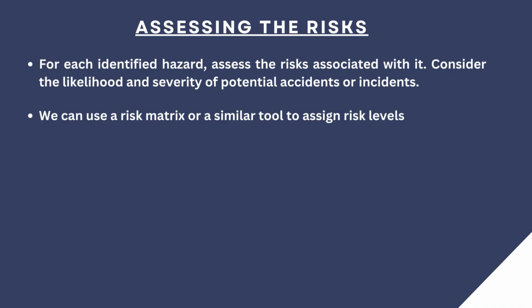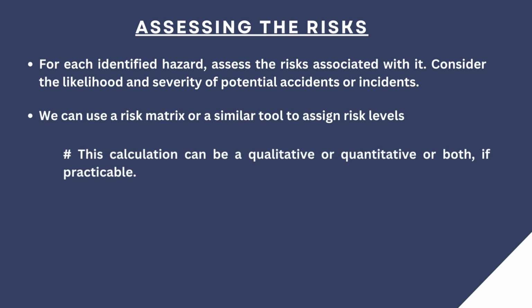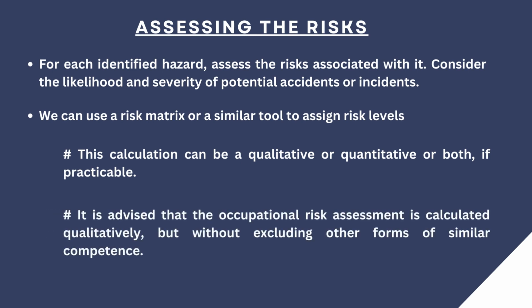So we can use a risk matrix or a similar tool to assign risk levels. This calculation can be qualitative or quantitative or both if practicable. It is advised that the occupational risk assessment is calculated qualitatively but without excluding other forms of similar competence.